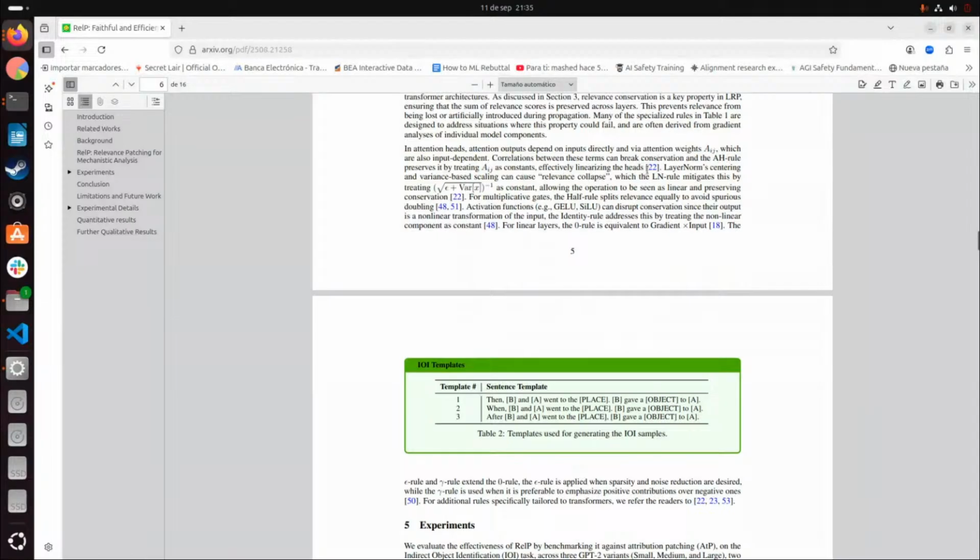I'm not sure I understand this line. Centering evidence the scanning can cause relevance collapse. Yeah, so they are doing a bunch of specific stuff for each thing that I don't completely understand.